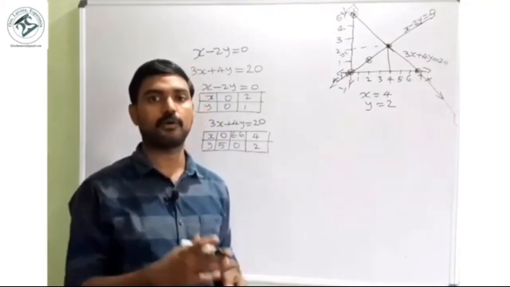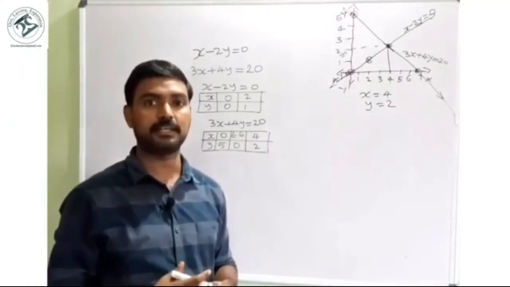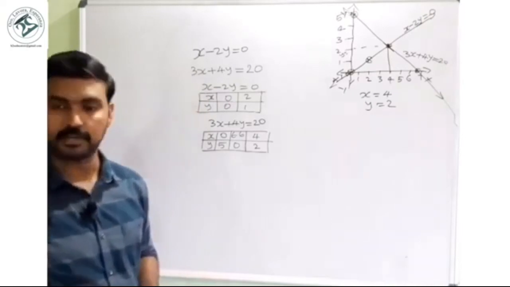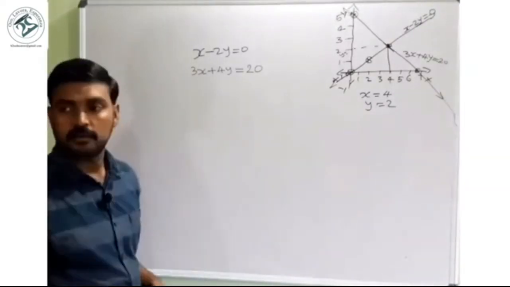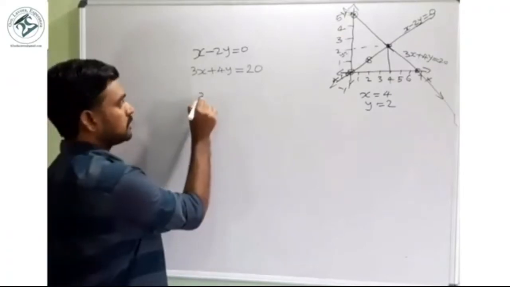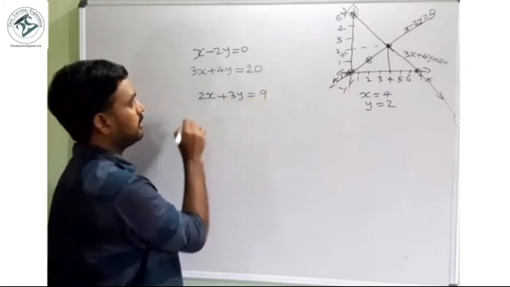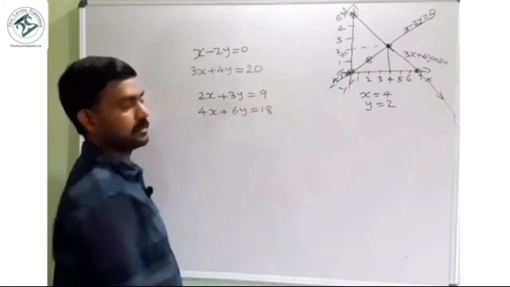Okay, now we are going to discuss 2 more pairs of linear equations. Is there any speciality if we get different types of pairs of linear equations? For that we are taking another example. Two equations are there: 2x plus 3y is equal to 9 and 4x plus 6y is equal to 18.